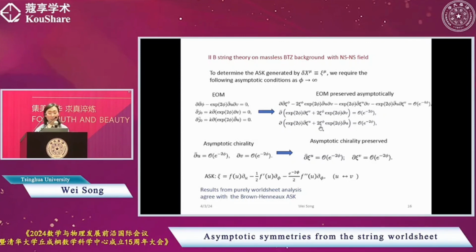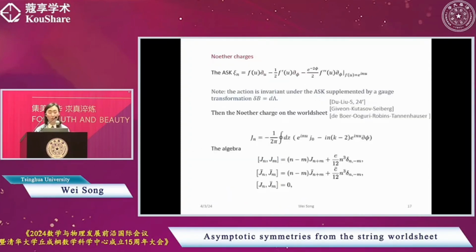And with these conditions, by some tedious calculation, you can just solve it, and the asymptotic Killing vector is precisely the one I mentioned before, that was found by Brown and Henneaux many years ago. And you can also write down the worldsheet charges and find their algebra, and this can all reproduce the result that we did in the supergravity limit.